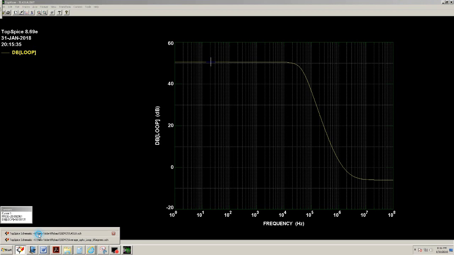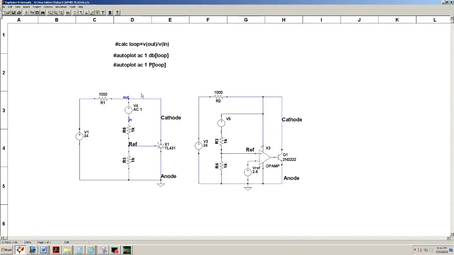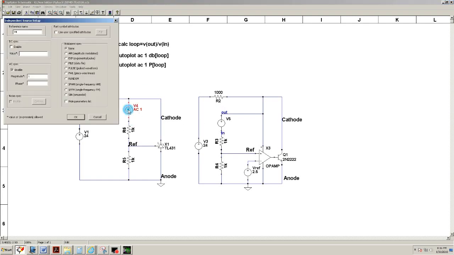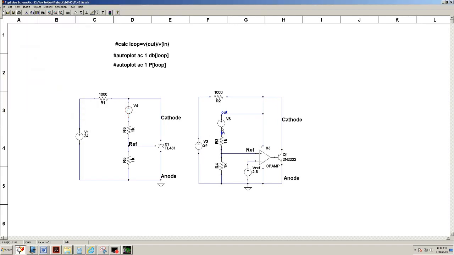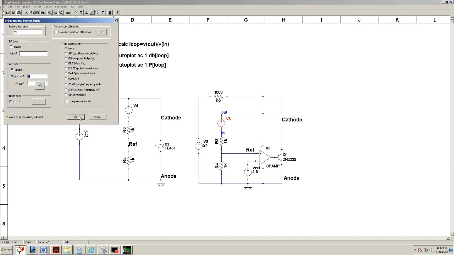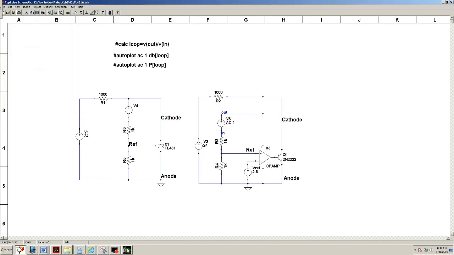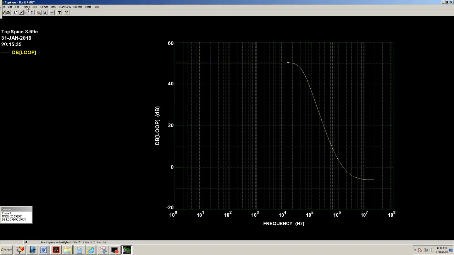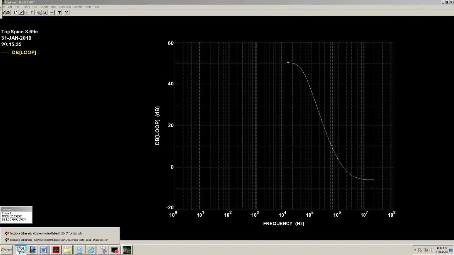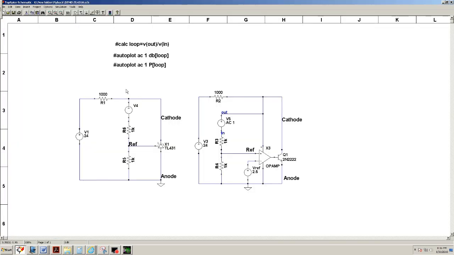So now let's compare the gain over here. All we have to do is bring this label there, that label there. Okay, I disable, I enable. Okay, and let me go ahead and save this. Then let me delete this.